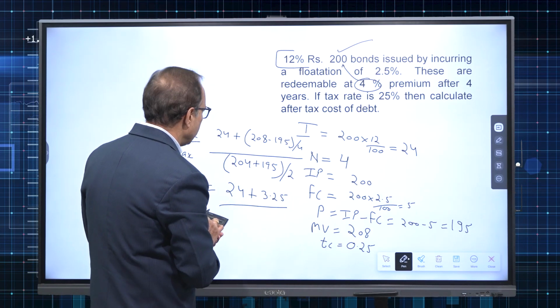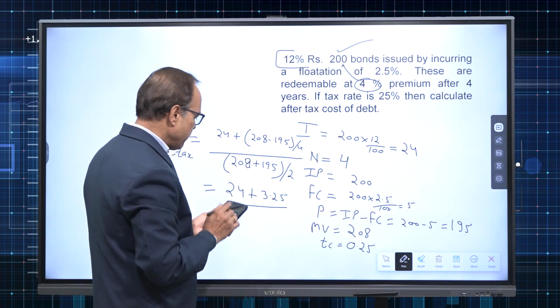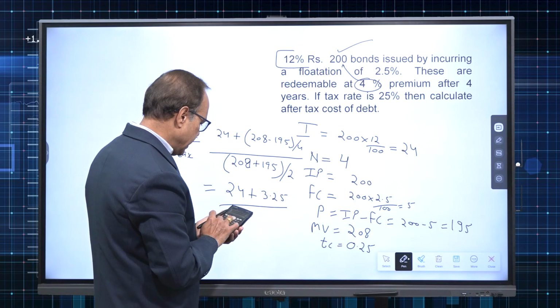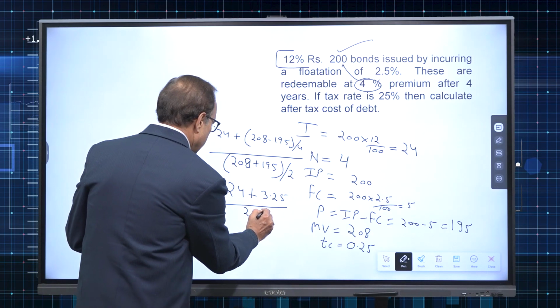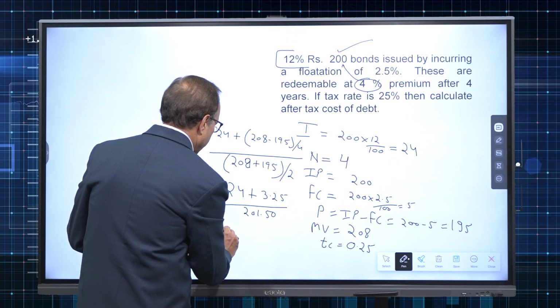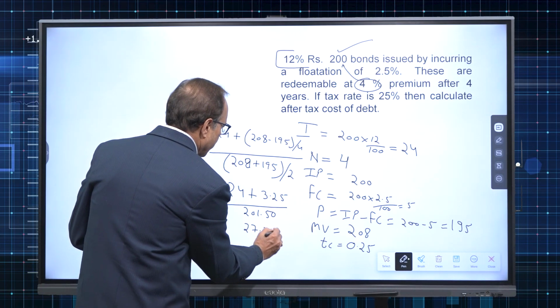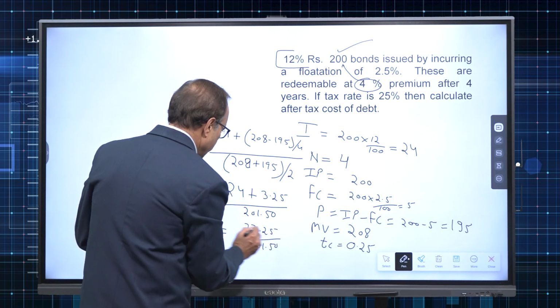Then, this will be 208, not 4. Remember. So 208 plus 195 divided by 2. So we get 201.50. So we are going to get 27.25 divided by 201.50.